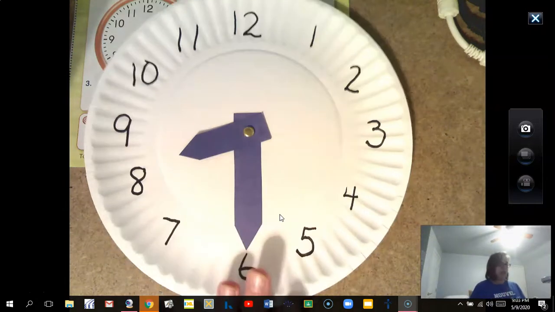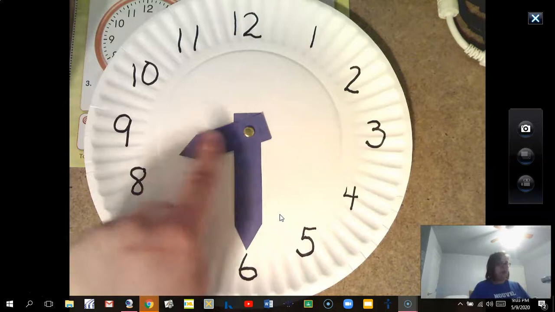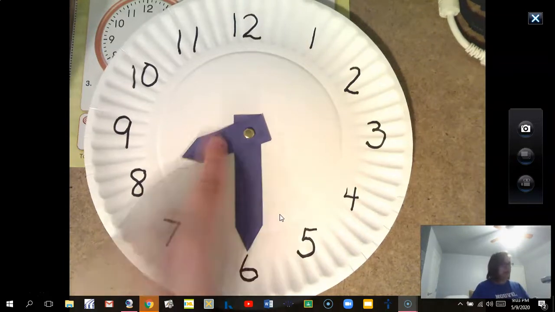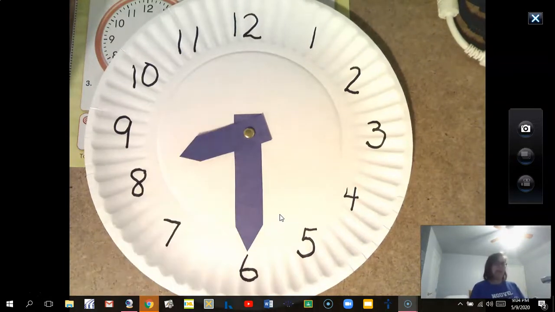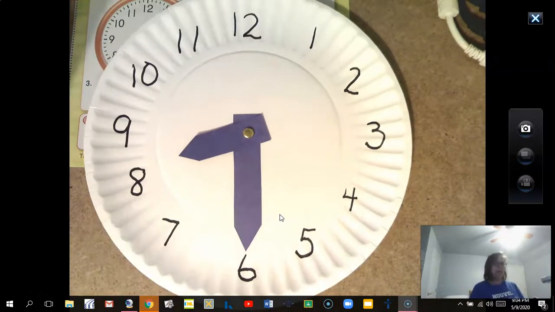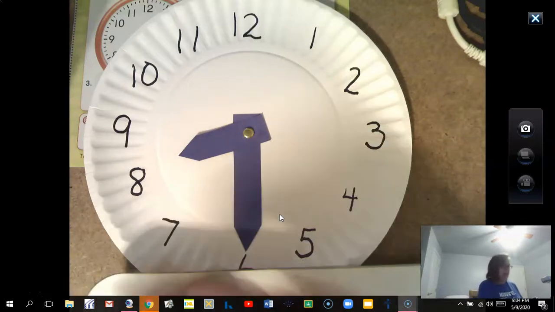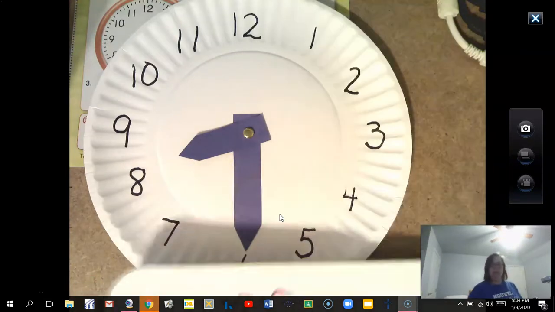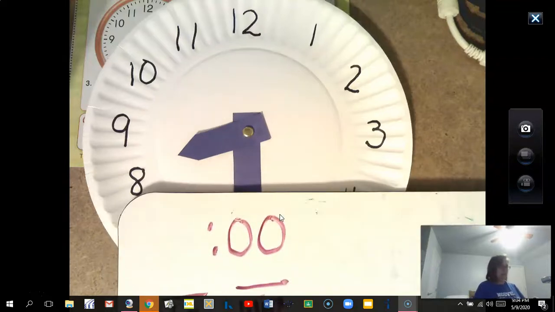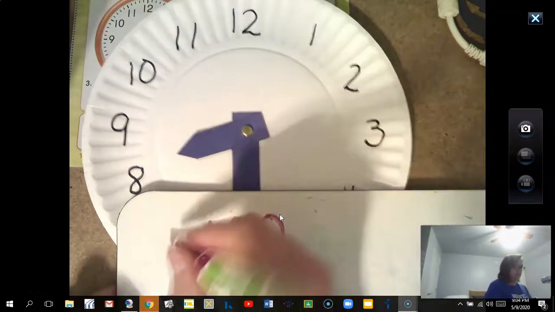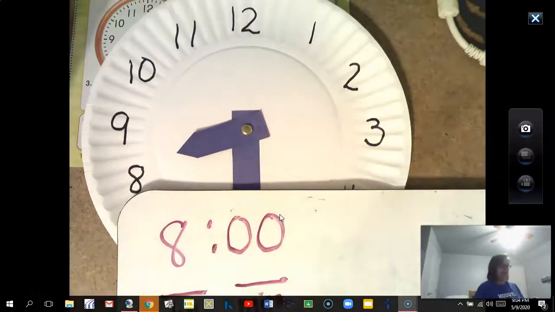Okay, we start with the hour hand, which is the smaller hand because the word hour is shorter. And what is it pointing to? Yep, it's pointing to the 8. So then our hour is going to be 8.